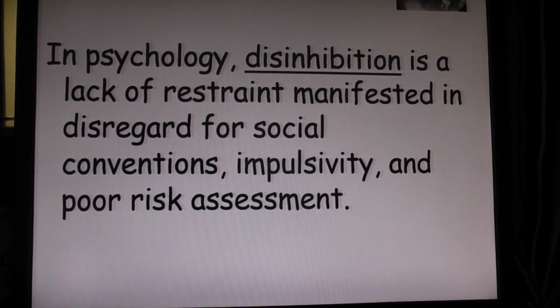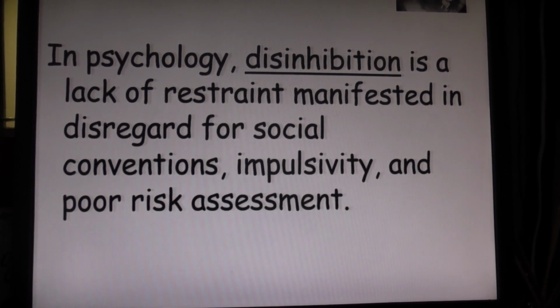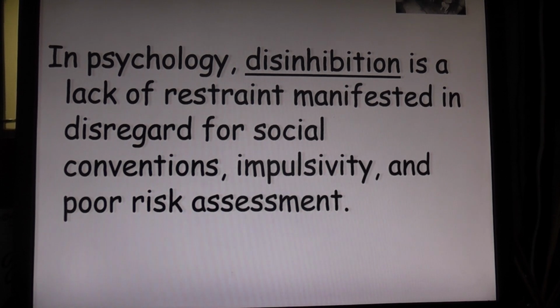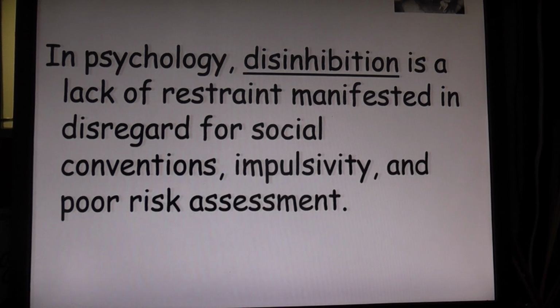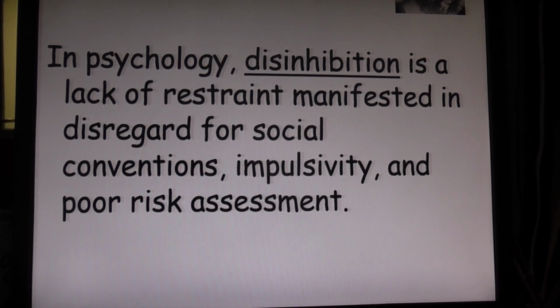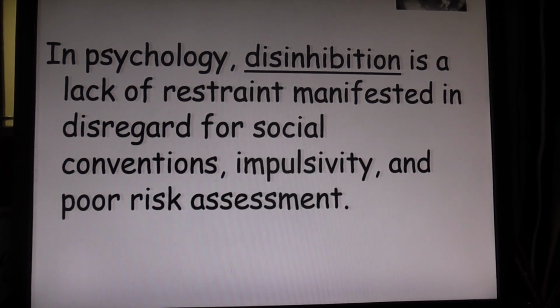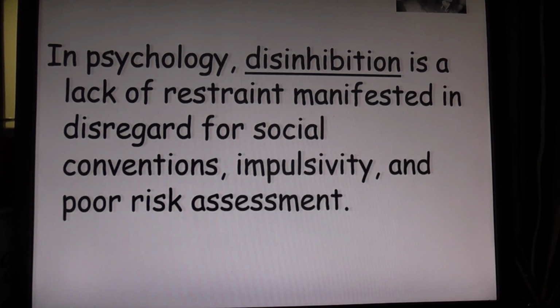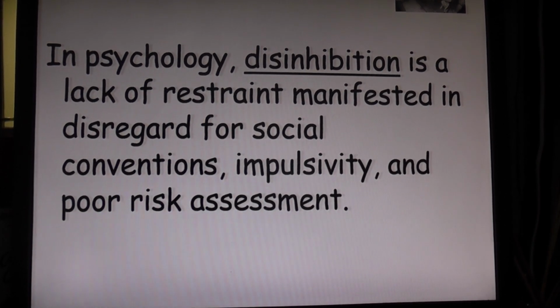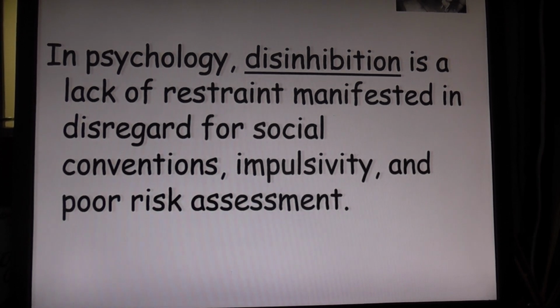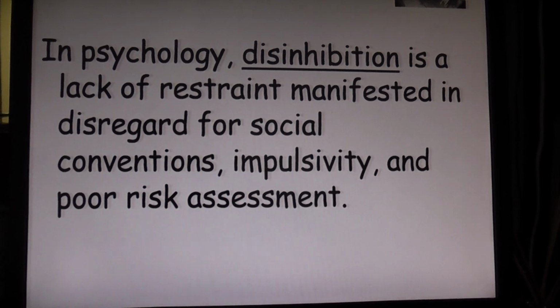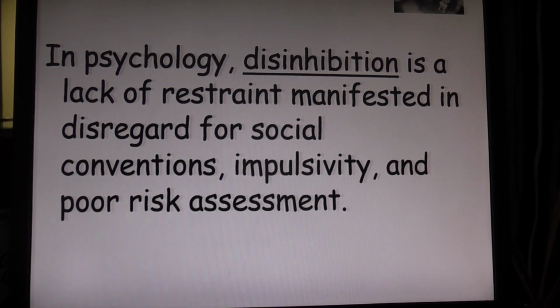In psychology, disinhibition is a lack of restraint manifested in disregard for social convention, impulsivity and poor risk assessment. These are children who are quite reckless. They are children who totally disregard social norms of society and are likely to be very unpredictable. Again, please ensure that you are able to describe a disinhibited attachment style.